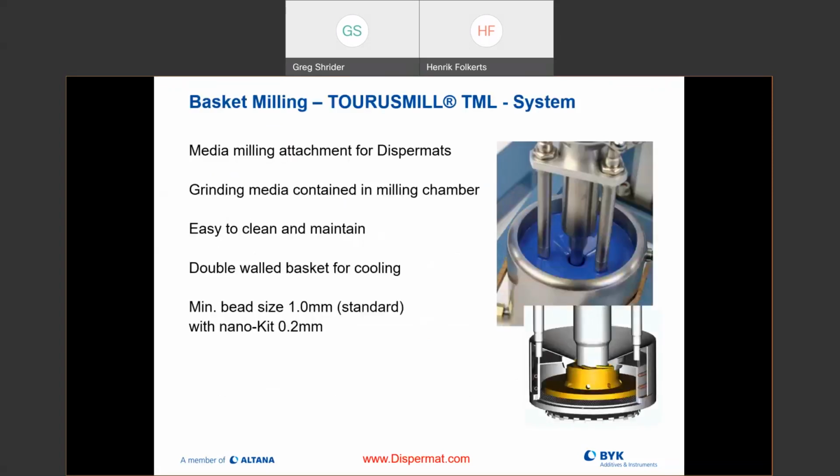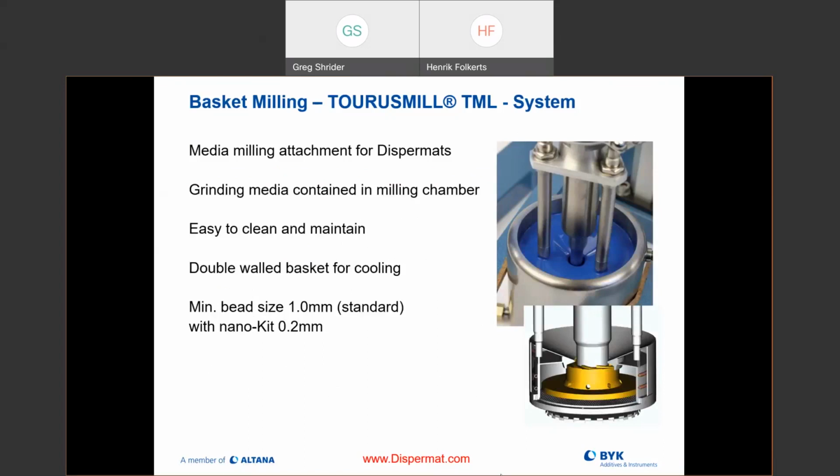Okay, so how does that basket mill design really look? Our design is very unique compared to the competition, and there are some huge benefits to the design here. Number one, we want to really cool our milling basket. Like I said before, it's very critical because that's where most of my energy is introduced, and the heat heats up very rapidly inside of this space right here, okay?